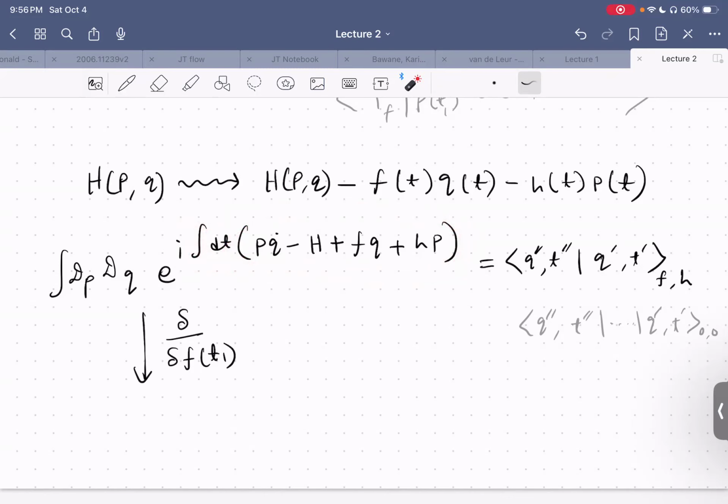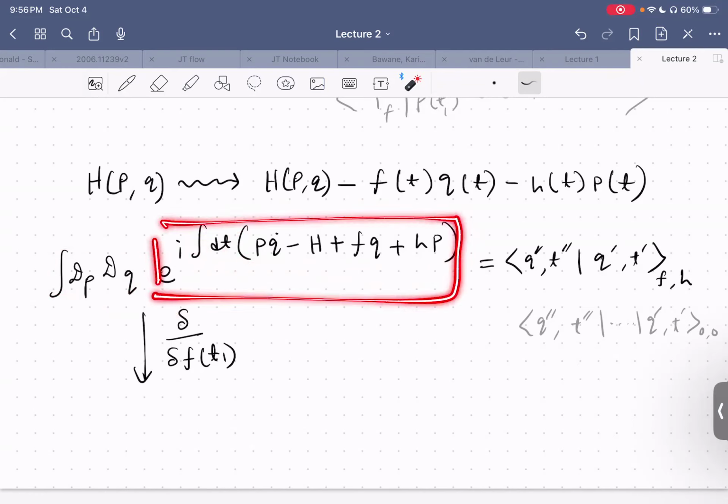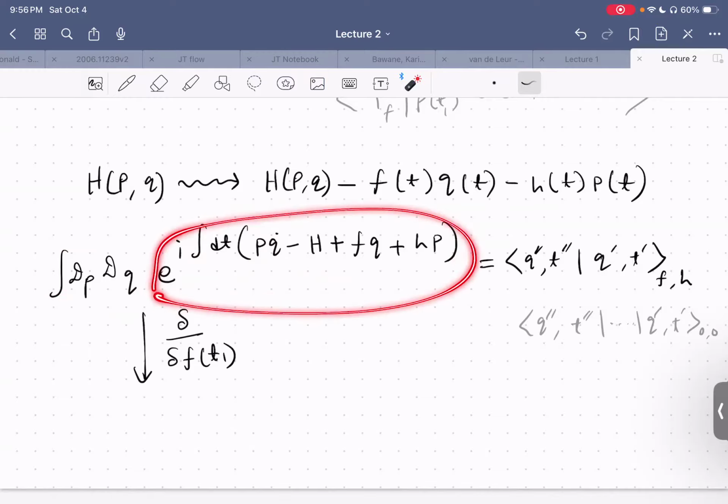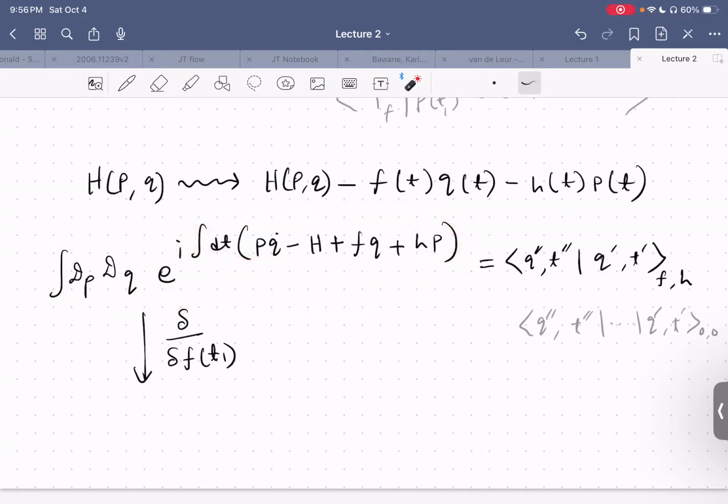Since there are no integrals over f and h, this derivative will go right to the exponential. The derivative of an exponential is the exponential and then the derivative of the exponent. And the derivative of the exponent is very simple because it is linear in f, so you will simply get the coefficient of f. Everything is as in ordinary differentiation.